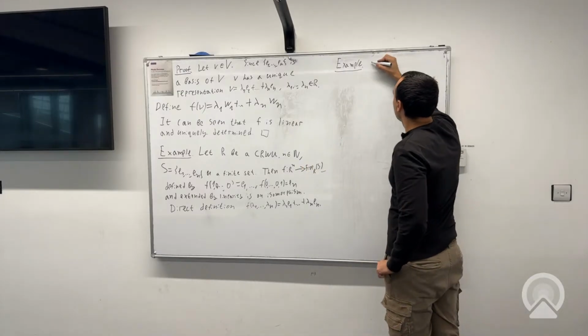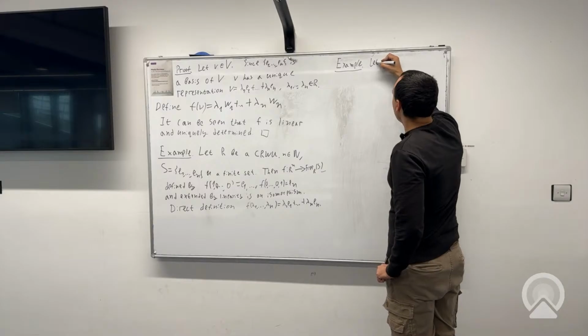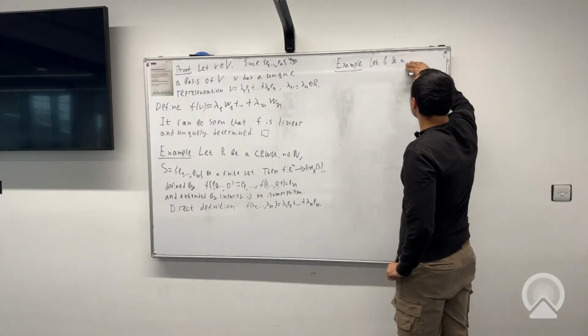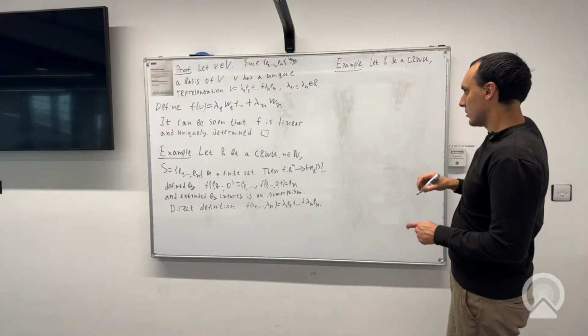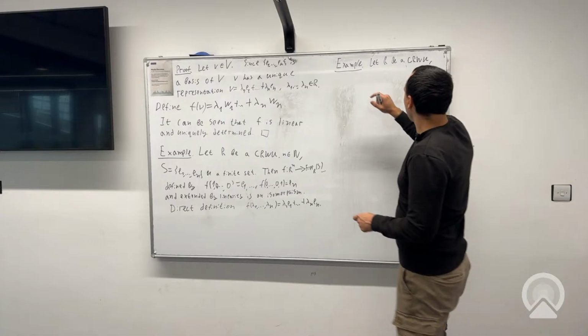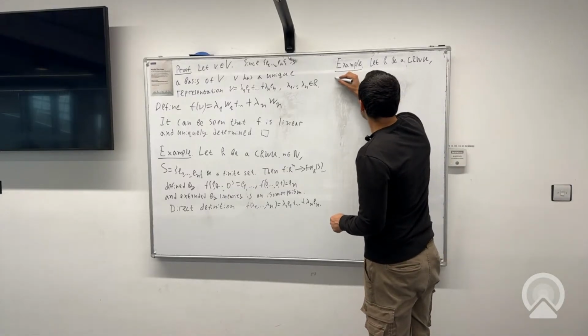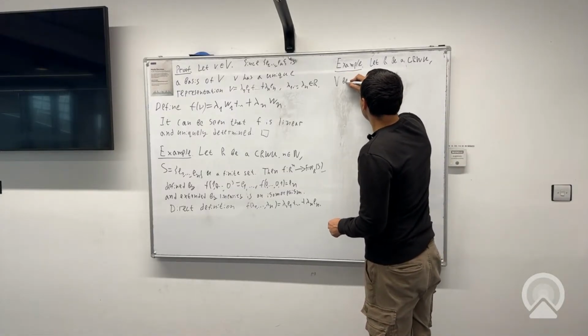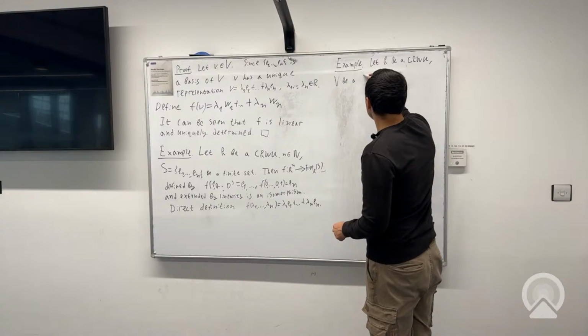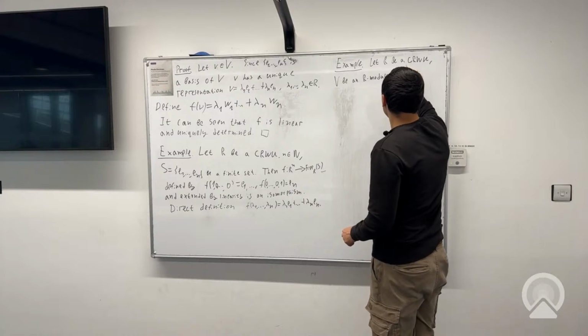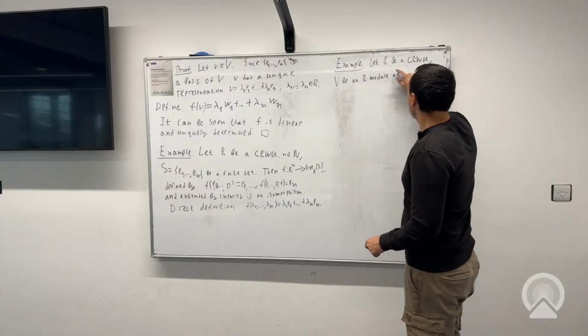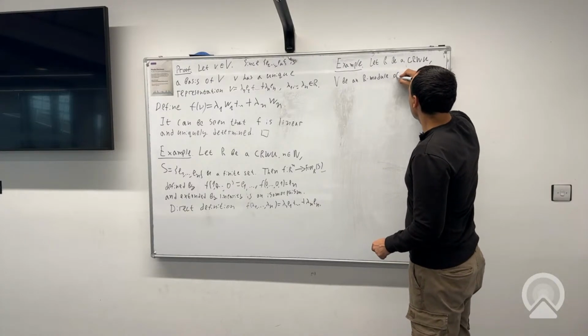So consider R module. And V be a finite dimensional R module of dimension n.